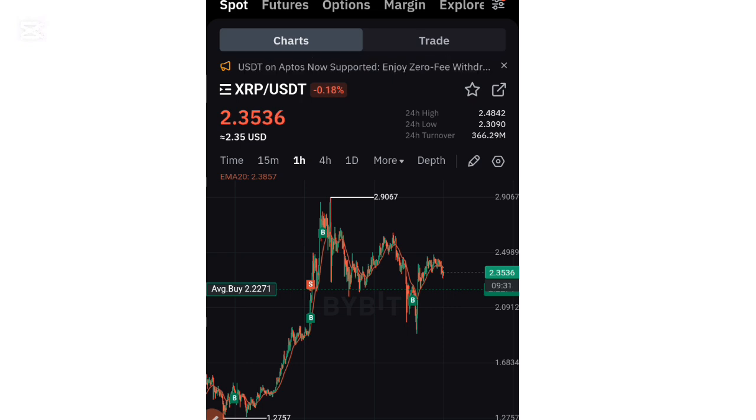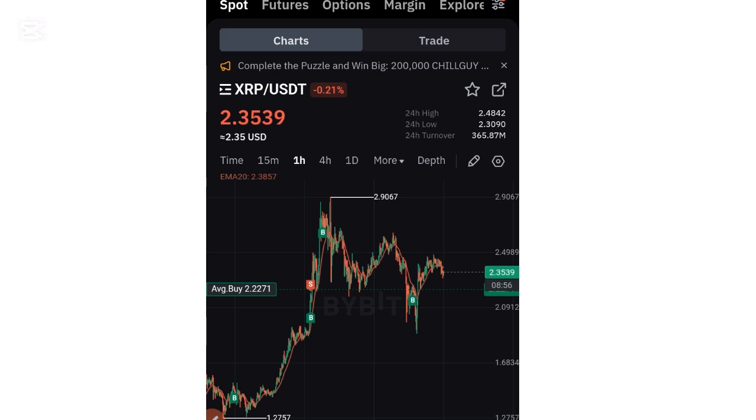Derivative is just like you borrow money to predict the price action of a particular coin. If you say it will be going up, once it begins to go in line with your prediction, you are going to be gaining money. If you say it will be going down and the market begins to go in line with your prediction, you'll be getting money as well. But when it begins to go opposite your prediction, you'll be losing money.